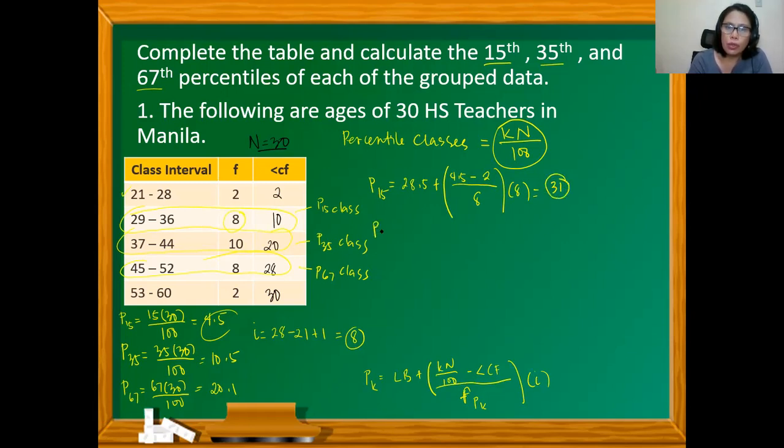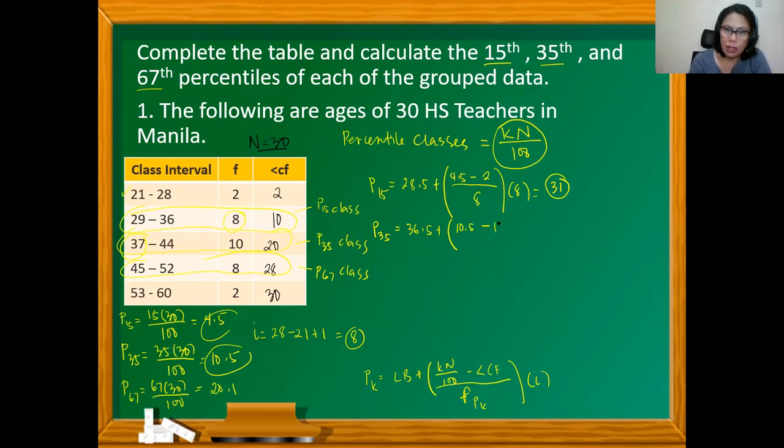And then we'll proceed to P sub 35. Now the lower boundary for P sub 35 will be 37 less 0.5, and that's 36.5 plus, so this is equal to 10.5. And then the less than cumulative frequency of P sub 35 class is 20. Prior to this is 10.